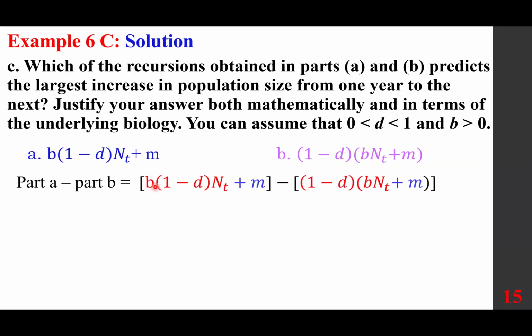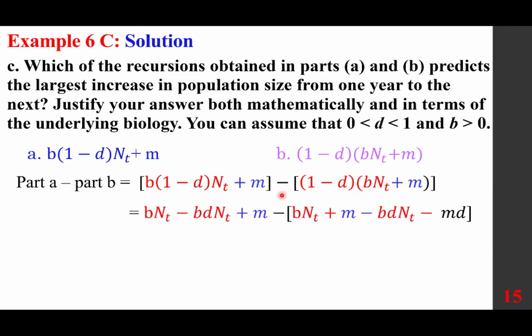So this one, B times 1 times n sub t, B times n sub t, B times minus D times n sub t is minus BD n sub t plus M. So the first bracket is very simple. This one, you do the FOILing: 1 times B n sub t, 1 times M, minus D times B n sub t, minus D times M, and you keep the negative sign out. So this is simply FOILing. Now I'm going to distribute the negative sign, and everything here changes sign. So this one doesn't change. This is minus B n sub t.